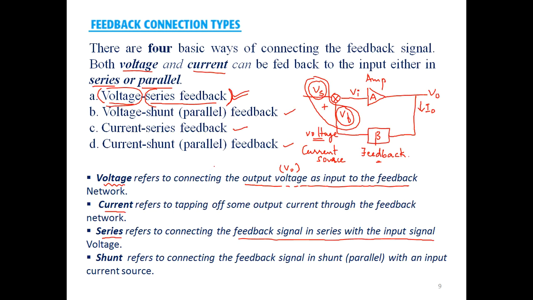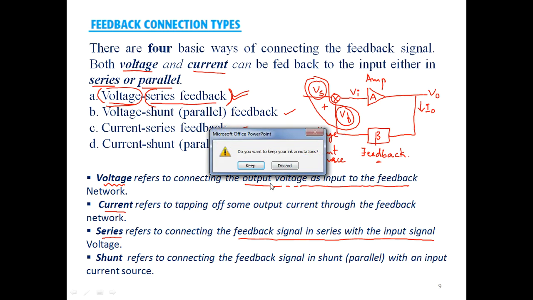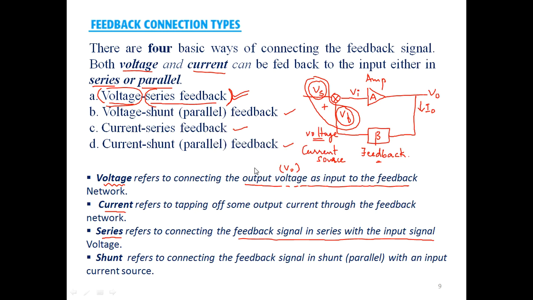Just to summarize, what did we do today? We looked at the four types of feedback connection types: voltage series, voltage parallel, current series, and current parallel feedbacks. Any doubts? If there are any doubts, then let us discuss.